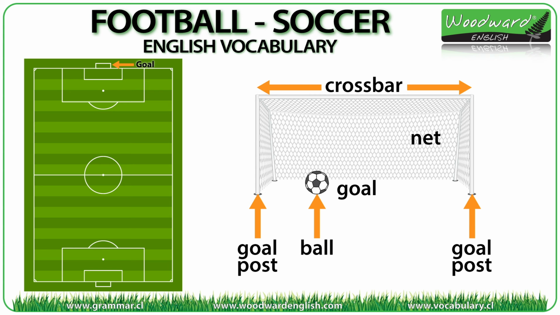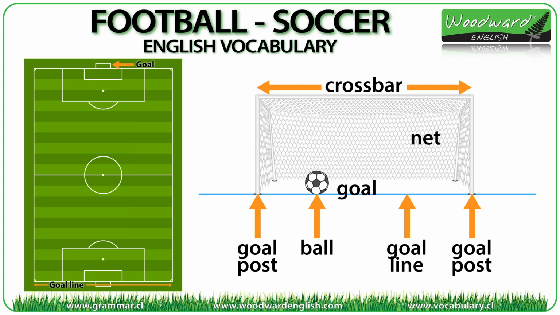When the ball enters between the two goalposts and under the crossbar and over the goal line, which is the line that marks one end of the pitch, a goal is scored. A goal is worth 1 point, or 1 goal.